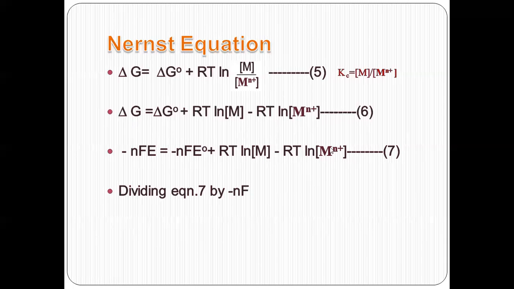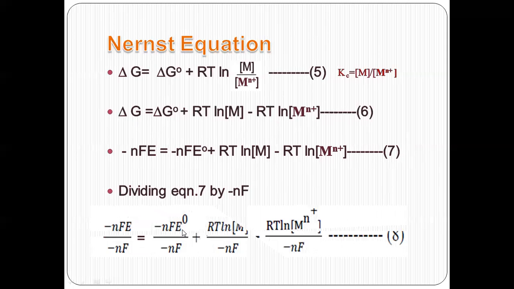This entire equation is named the 7th equation, and we divide it by minus nF. You can see here minus nFE divided by minus nF equals minus nFE naught divided by minus nF plus RT ln M divided by minus nF minus RT ln M^(n+) divided by minus nF. This is equation number 8.